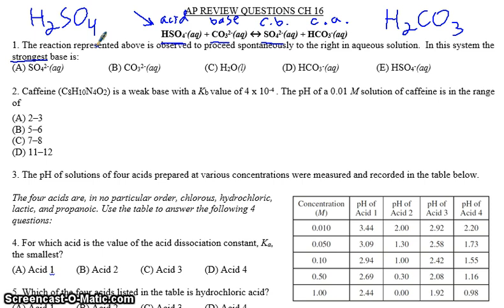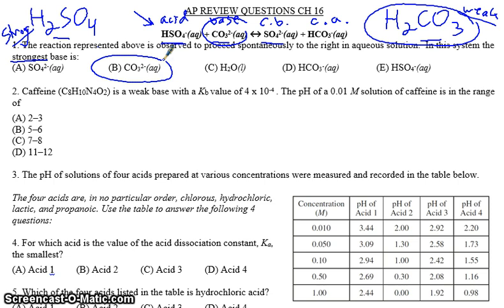So remember, we said the stronger the acid, the weaker its conjugate base, and the weaker the acid, the stronger its conjugate base. So because this is a strong acid, sulfuric is one of the 7 strong acids, whereas carbonic is not, which means it's a weak acid, its conjugate will be stronger as a base. So this one is actually the weaker acid, which means its conjugate is the stronger base, which means the answer is carbonate.